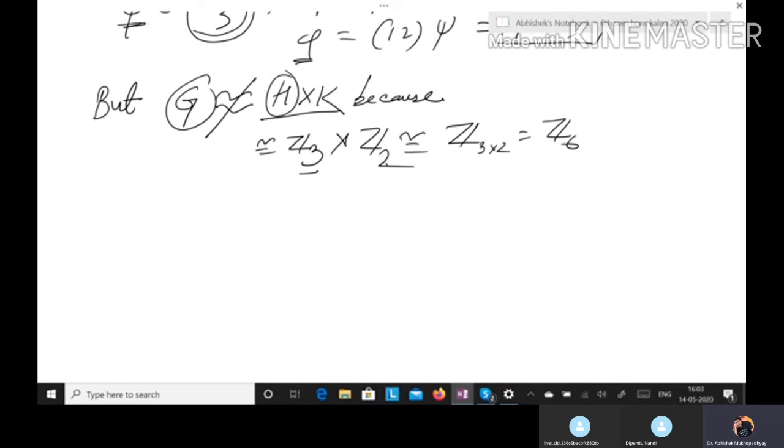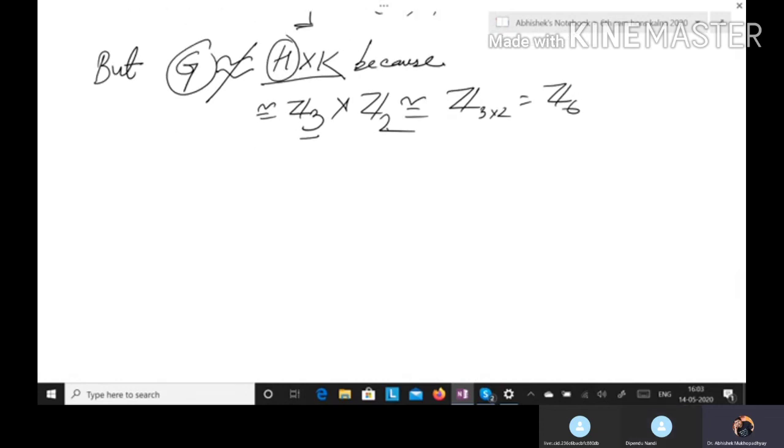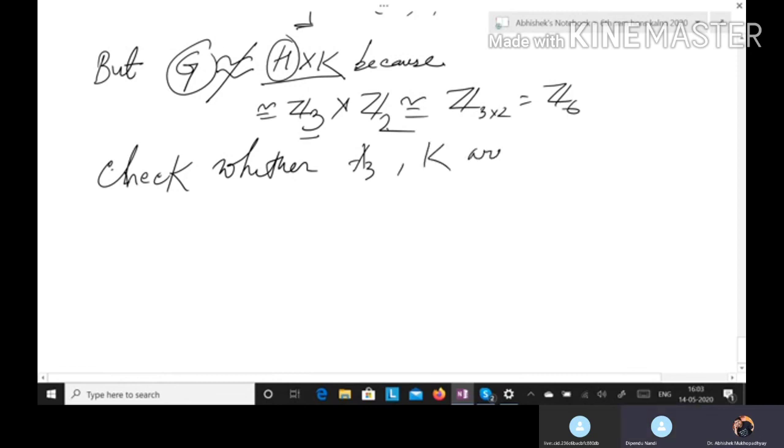Now check whether A3 and the group K are normal subgroups of S3 or not.